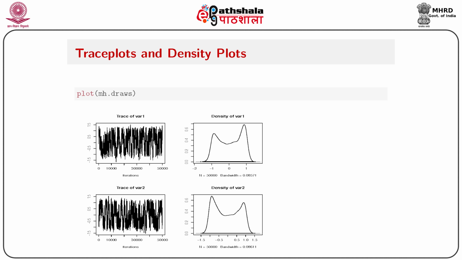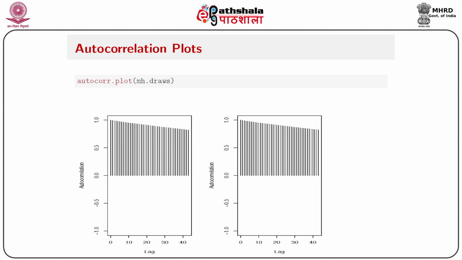Suppose this flat position is very long, then definitely it got stuck here. Similarly, you can see the autocorrelation plot of mh.draws, which will also tell you whether independent samples are coming or not, and how fast the autocorrelation is dying down.